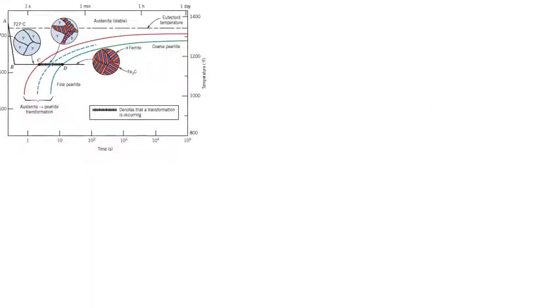Okay, so this is another one. I just included it here because it is the time transformation diagram, right? Okay, so when you see that here is austenite, fully austenite at this point C, right? But when you move intermediate between these two, right? Then you will see that here the microstructural changes are taking place.